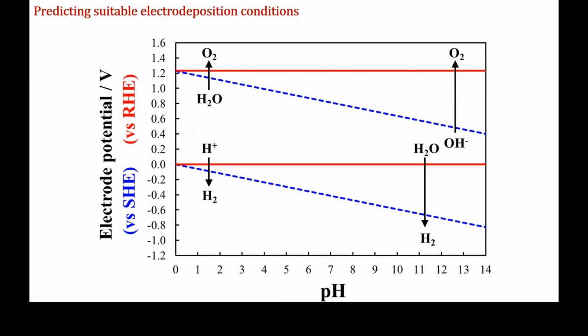I've plotted these here. I don't know if you find it confusing or not, but usually these diagrams are plotted versus the standard hydrogen electrode. So you would have seen the blue lines, which show the Nernst potentials for water reduction and oxidation as a function of pH. But recently, more and more often, we start to see experimental results presented relative to the reversible hydrogen electrode rather than the standard hydrogen electrode, mostly for hydrogen generation applications, where this diagram is basically sufficient to do what you're doing.